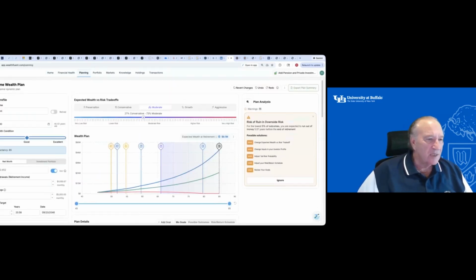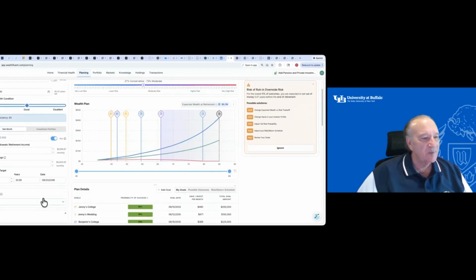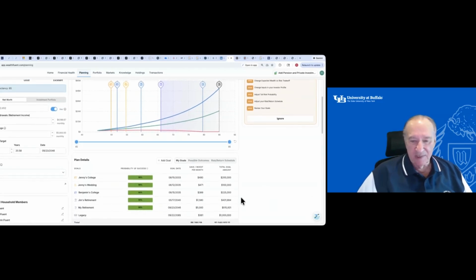This is where Jane Fluent's running this. And we've been using the Fluent family before. And notice they have a current net worth of $1,362,000. So it shouldn't be a surprise that these first four goals are already accounted for. They can make those.